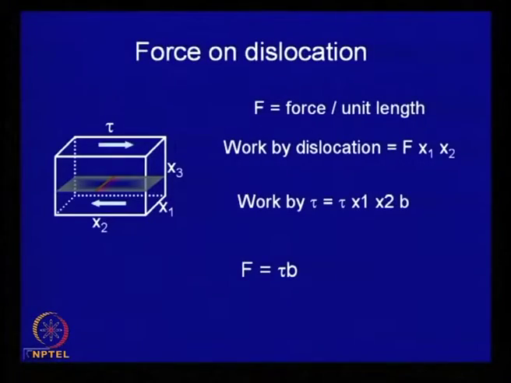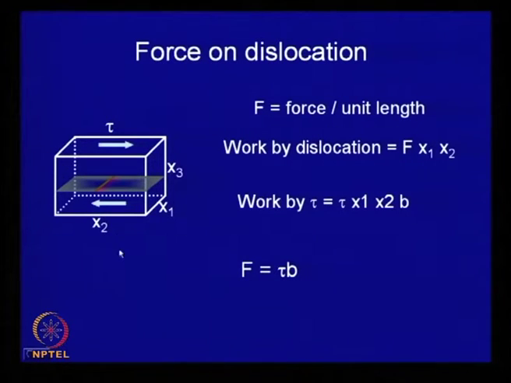Now, a dislocation can move only as a result of applied shear stress. When you apply a shear stress on the crystal, on the slip plane you can imagine the dislocation as a line, and on that line a force is acting. This force has a direct relationship with the applied shear stress, and let us look at how we can calculate this.